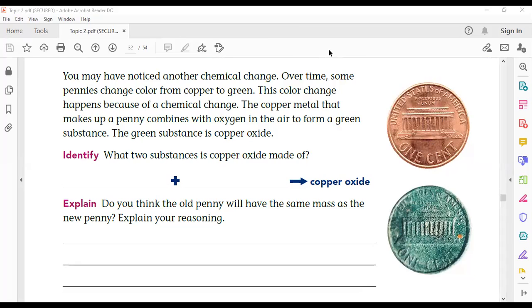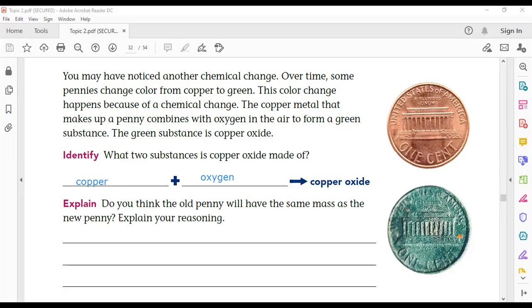In this example, there are two substances mixed. The copper, this penny is made up of copper. Over time, copper in this penny combined with oxygen in the air to form this substance called copper oxide.